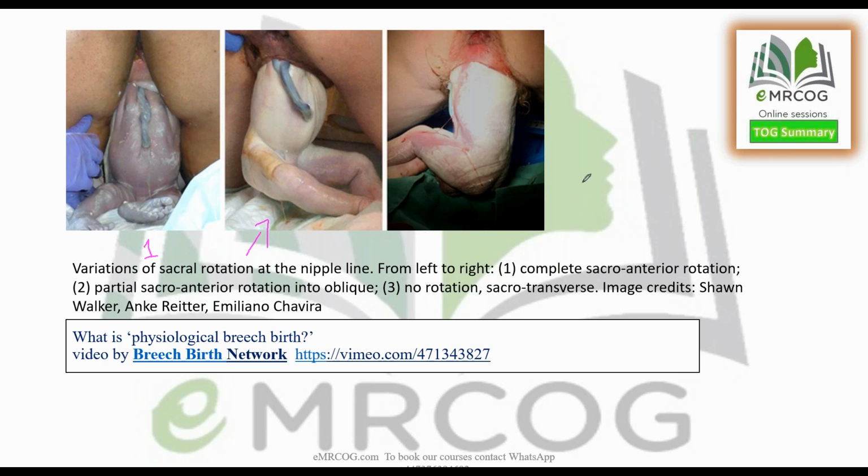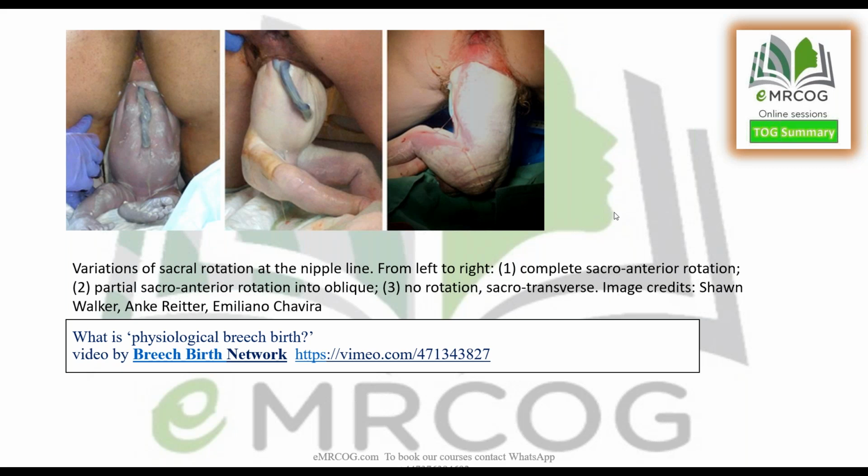If there is no rotation and the sacrum stays transverse, we need to help this baby with the rotation, because if this does not happen, the delivery will be difficult. So we anticipate a problem if we have sacrum transverse or no rotation of the sacrum.